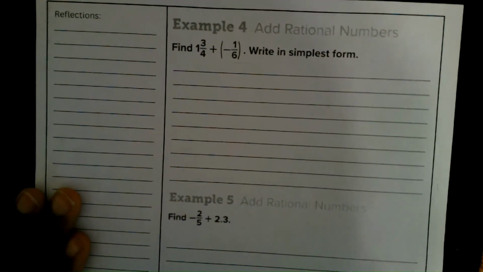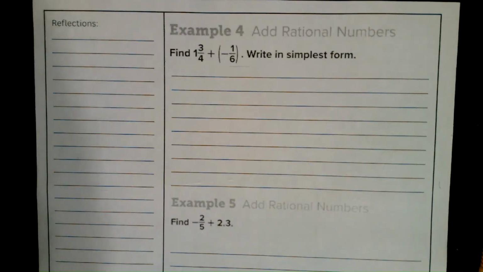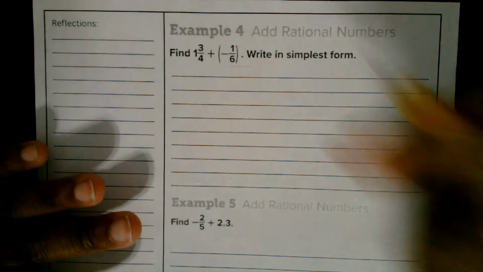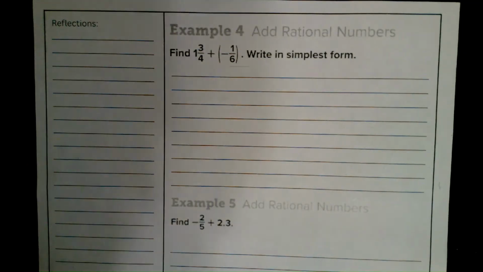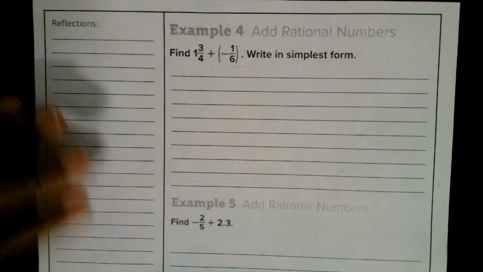All right, example number 4, we're going to add rational numbers. So we're going to find 1 3/4 plus negative 1/6. And we want to write it in simplest form. So the first thing we want to do is convert these mixed numbers into improper fractions. In order to do that, we need to take each denominator, multiply it by the whole number, then add the numerator.